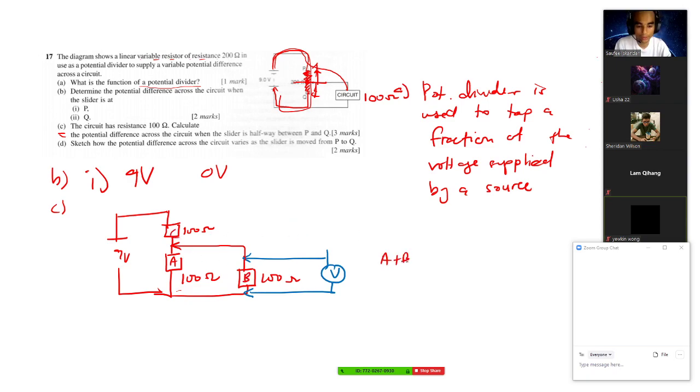So A plus B equals 1 over 100 plus 1 over 100. There you have it, so it will be 2 over 100. And then you combine with the C. So A plus B plus C equals 50. When you do your calculation, you have to invert back, right?